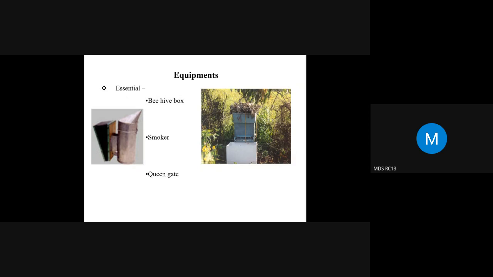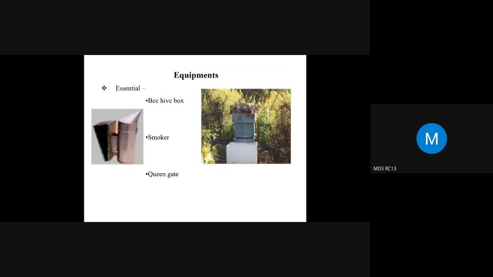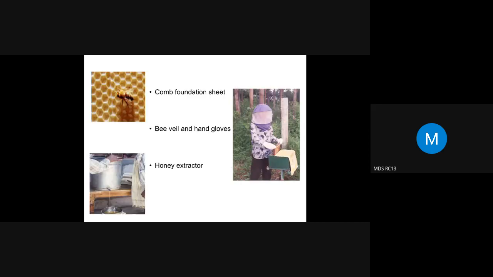Even so, too much smoke must not be used, so that the bees may not think of swarming, that is leaving the colony and nesting in a new place. So the smoke must be used very minimally, so that it only serves the purpose.